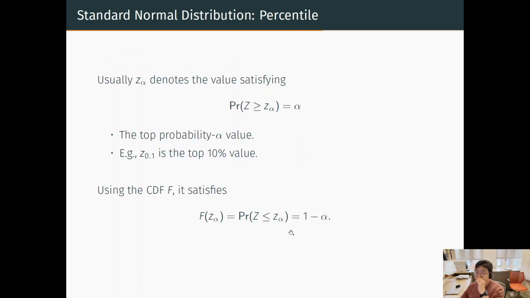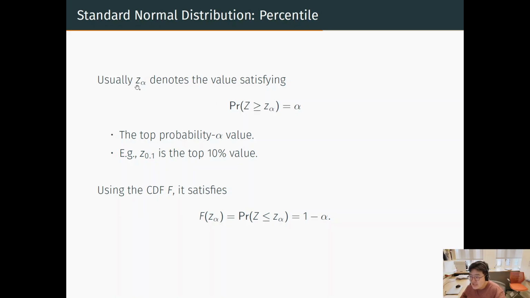Okay? And the notation we are going to use later is like this. It's a little bit tricky. We use alpha as a subscript to find this value. So lowercase z subscript alpha denotes the value that has top alpha probability, right?